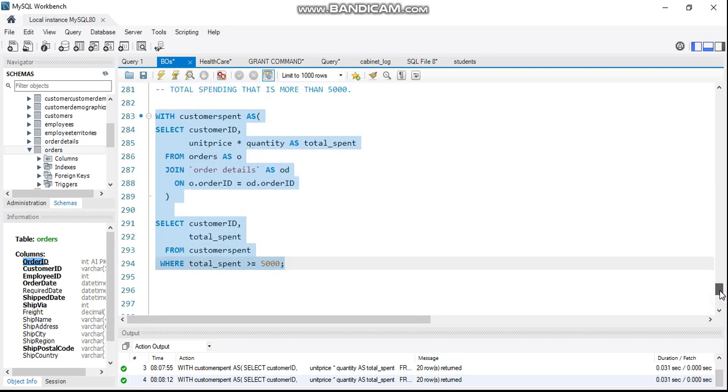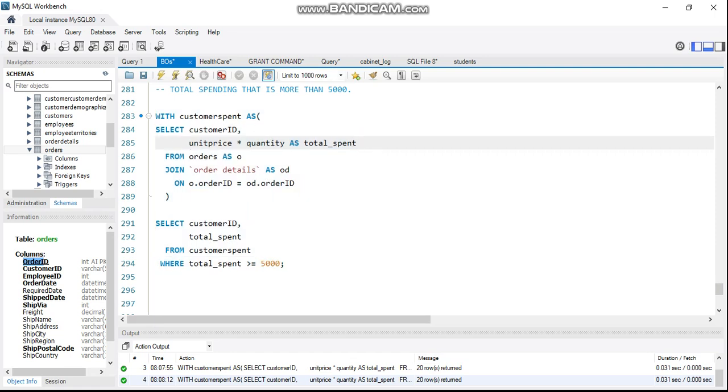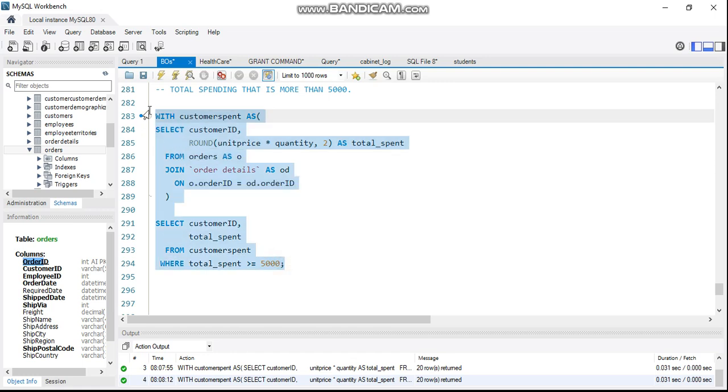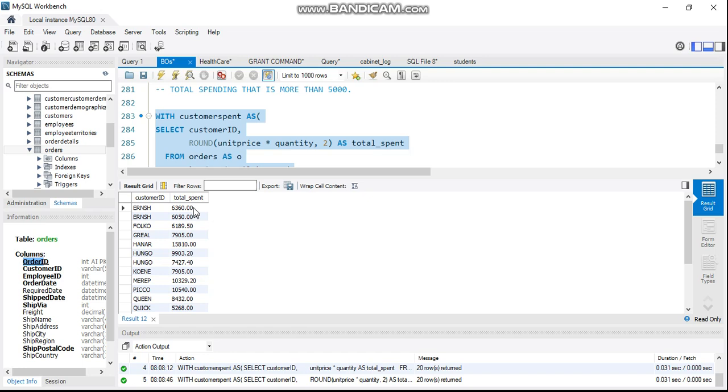This is what I can do here: I can say round this to 2 decimal places. I run it again. Can we see now that we have it in 2 decimal places?